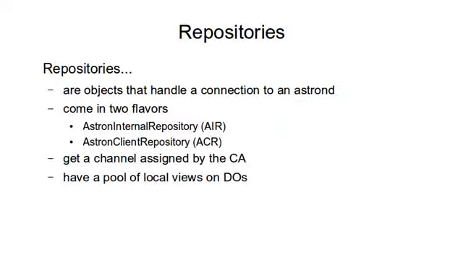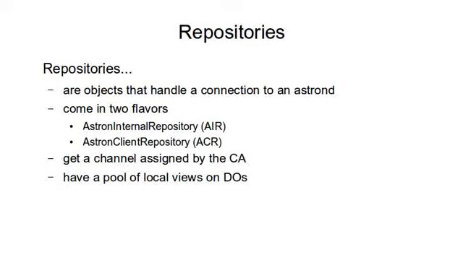Now let's talk about what makes server and client processes tick. Repositories are objects in a client or server process that handle the network connection to an Astron network. There are two kinds of them, Astron internal repositories and Astron client repositories. Internal repositories are used by processes on the server side, and they are not subject to security checks. They can send any kind of message that they want to.